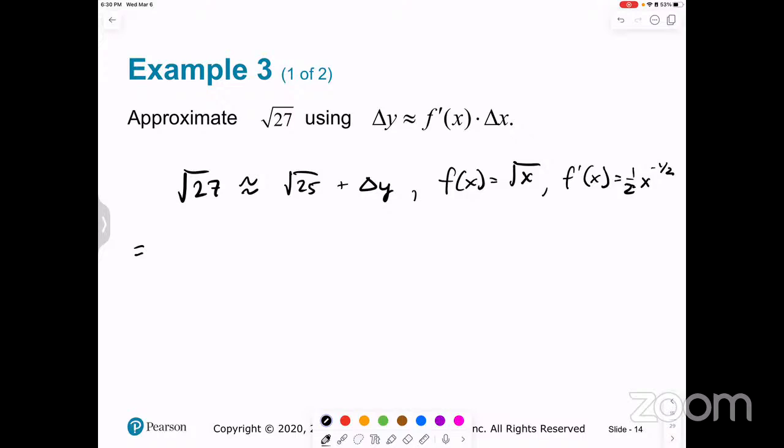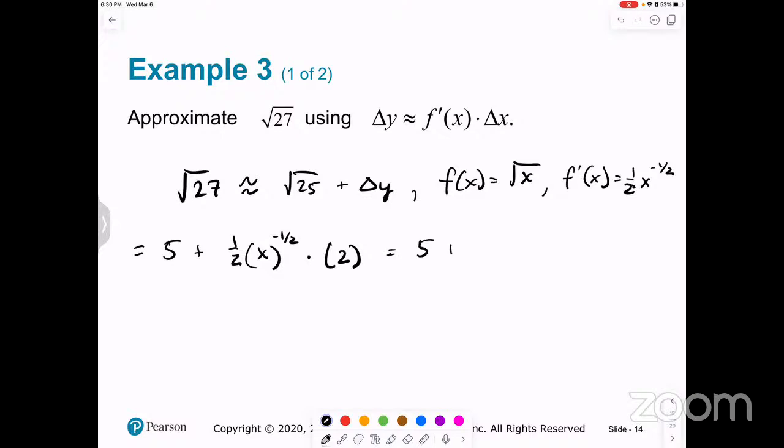So then we'll get 5 plus f prime, 1/2 x to the negative 1/2, times our delta x, which looks like 2. And I think our x in this case is 25, right? We're starting with where x is 25. I think this is okay. Let's keep going.